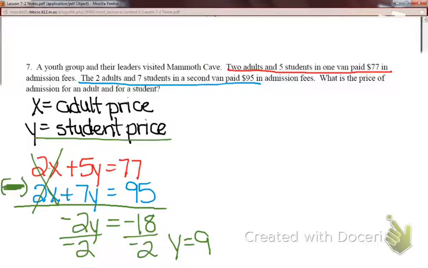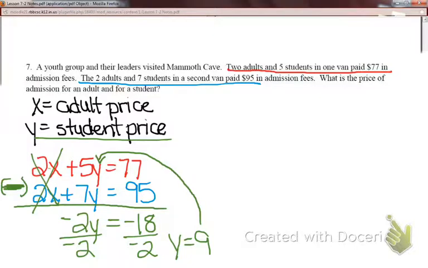But we still have to figure out the adult price, so we're going to take that y equals 9 and substitute it. We're really using both methods here. We're going to put that number back in for y into either equation. I'm just going to go up here to the top one.